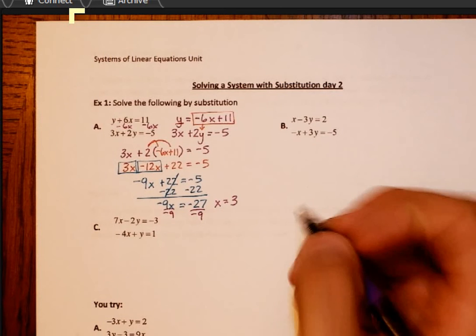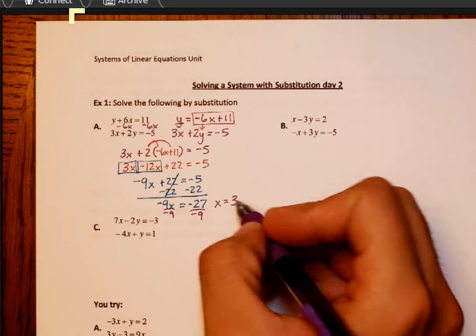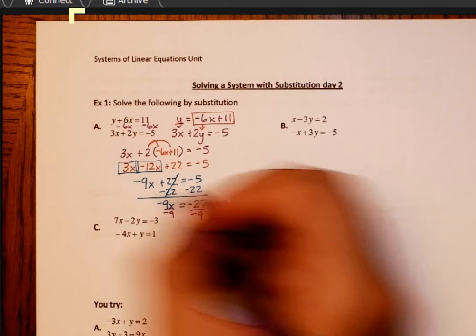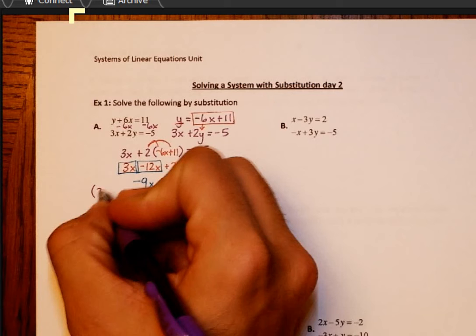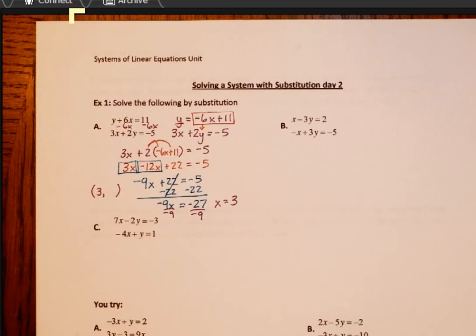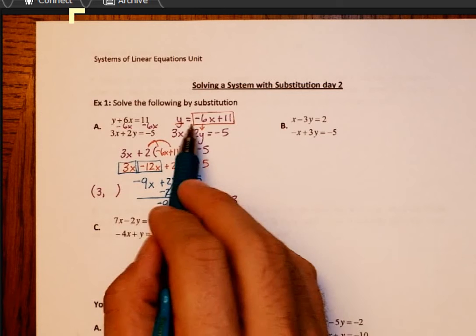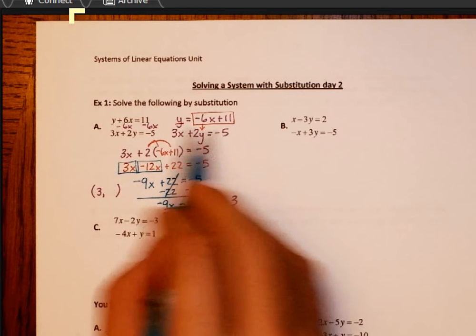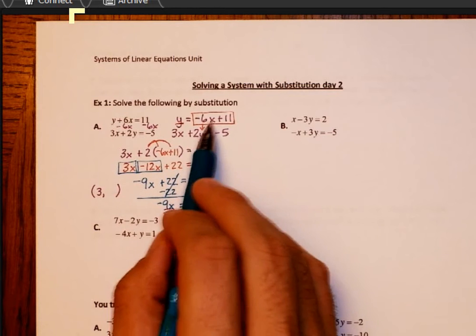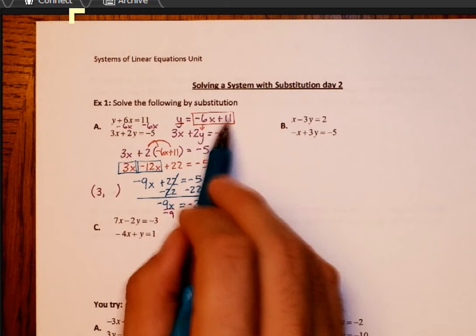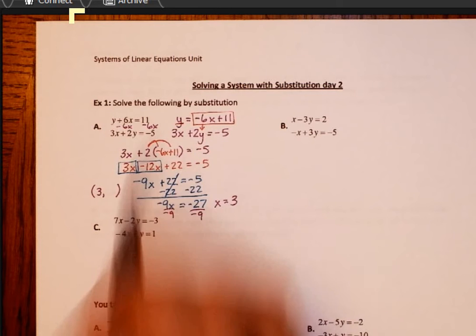Now that I found the value of x, remember, my answer is going to be a coordinate, so 3, comma, some y value. I'm going to take 3 and plug it back into this equation that I solved for y. I do that because once I plug in x, I just have to simplify here, and then I'll have the value for y.